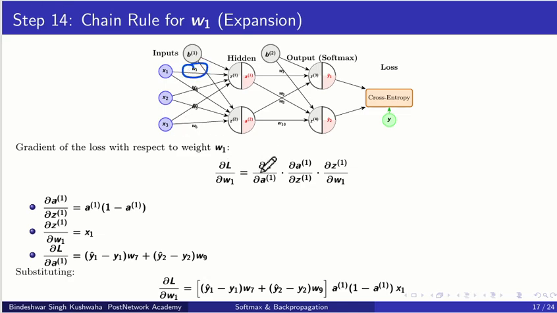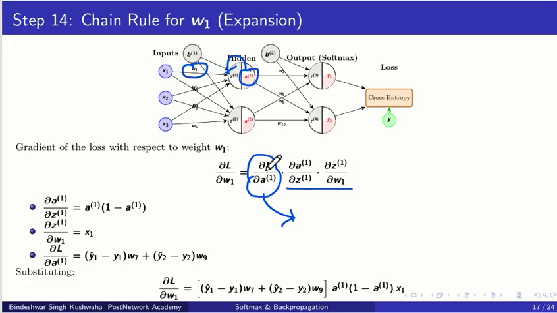L is a function of A1, and A1 is a function of Z1, and Z1 is a function of W1. This one is okay, but this one we have to expand.